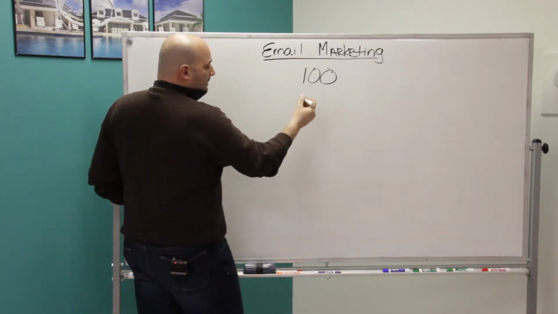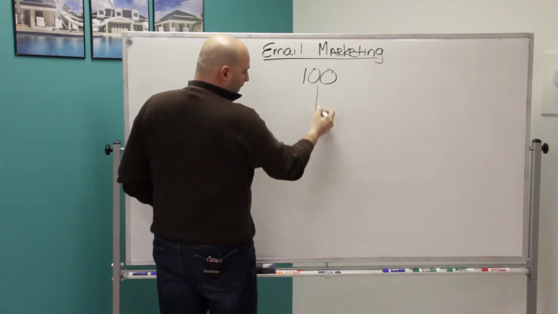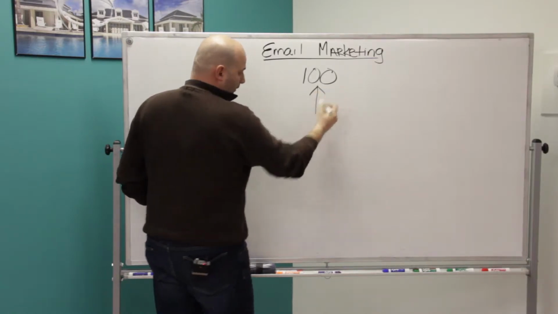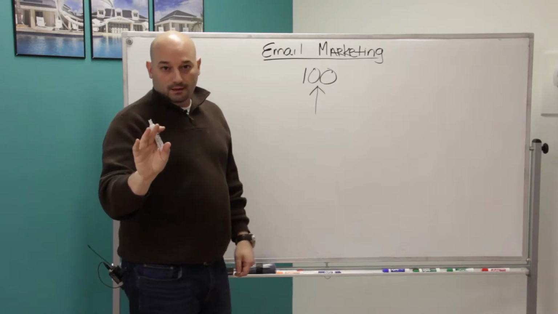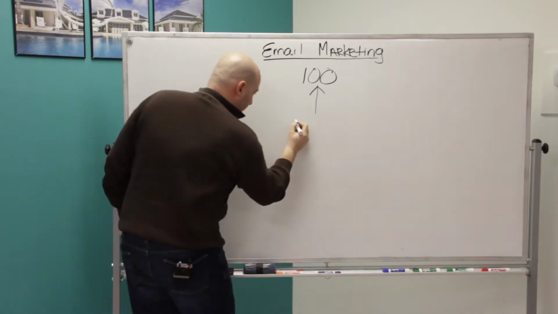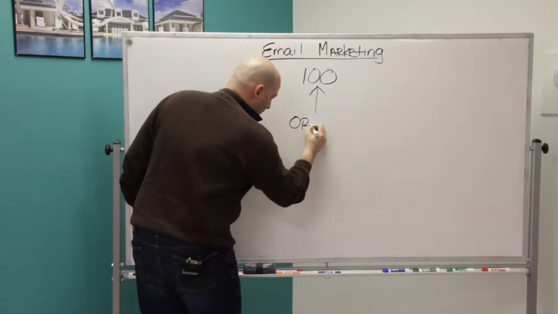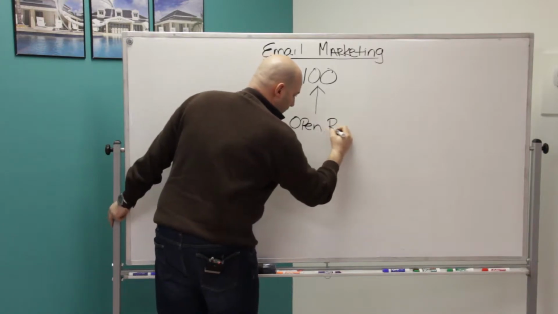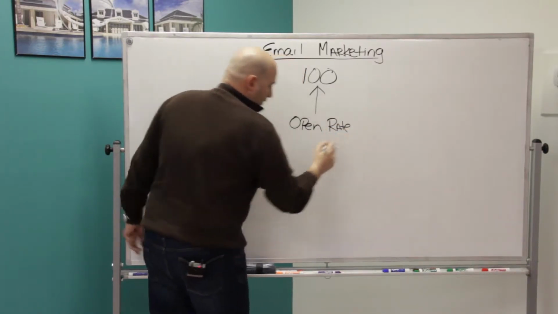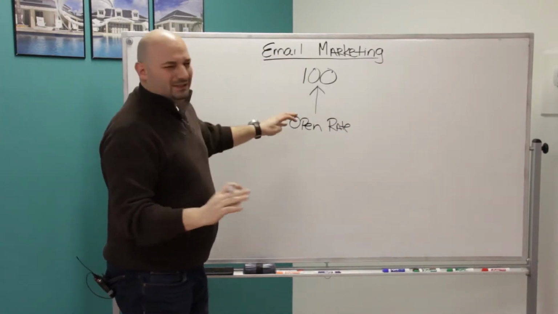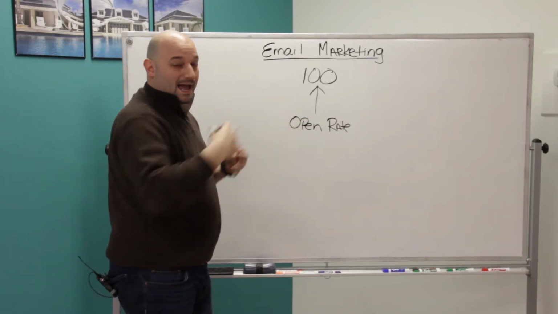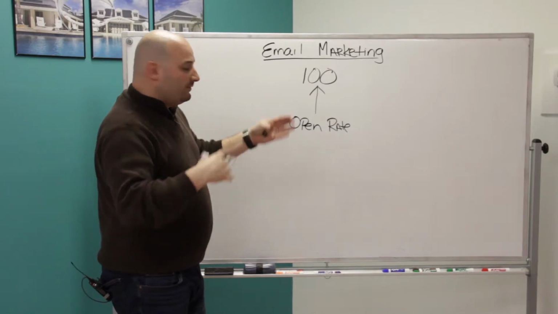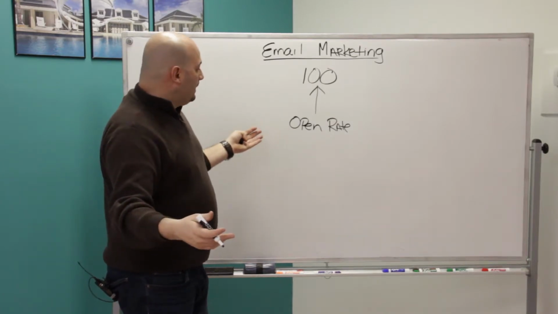Whenever you send an email to these people, there is something called an open rate, okay? Now, there's a couple of different ways that you can calculate this. I'm going to explain the way I like to calculate it. Some of the tools calculate it differently.